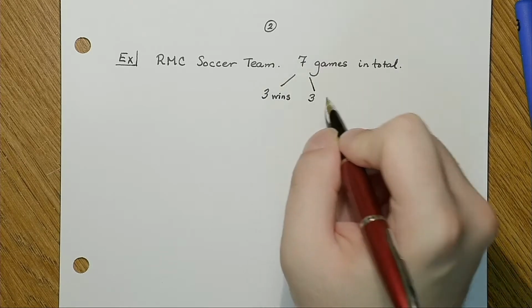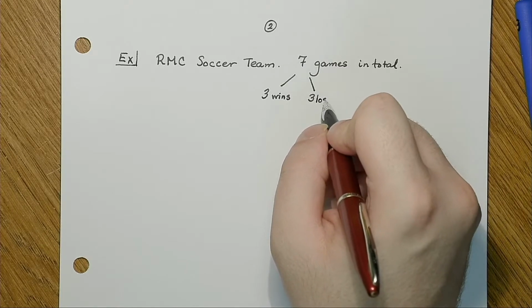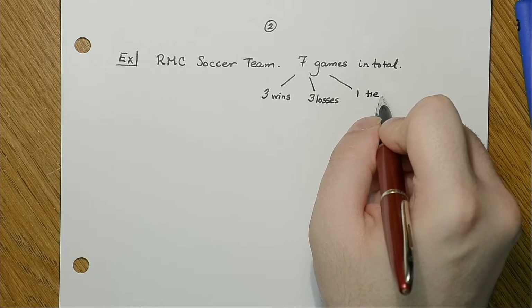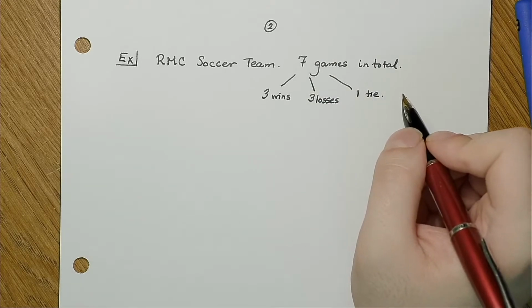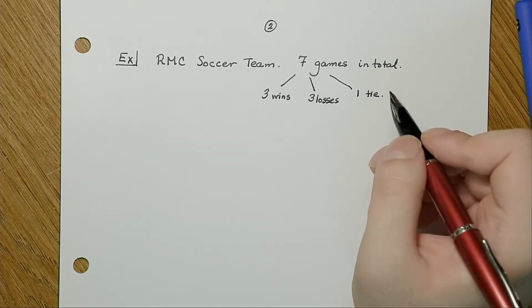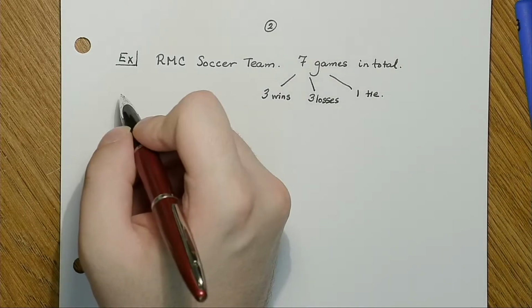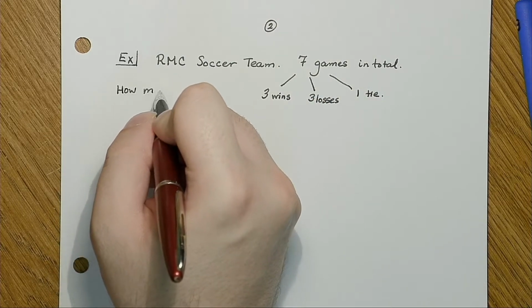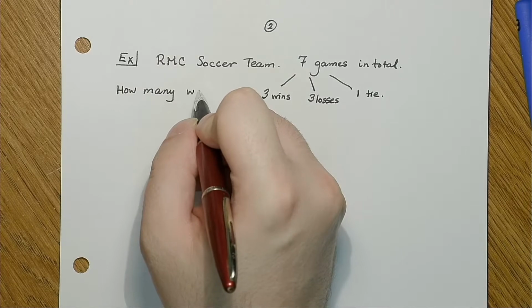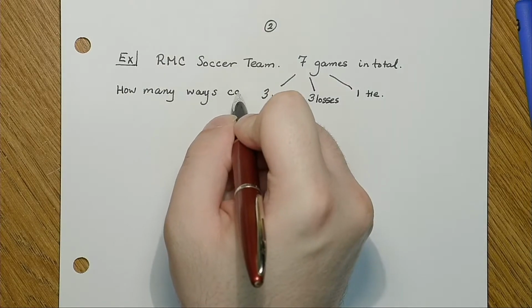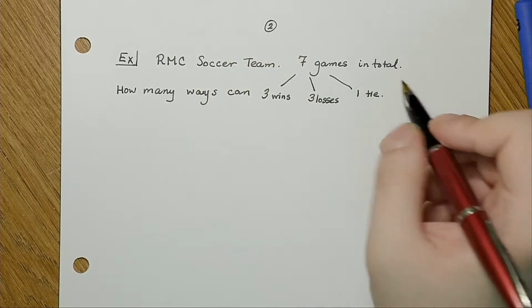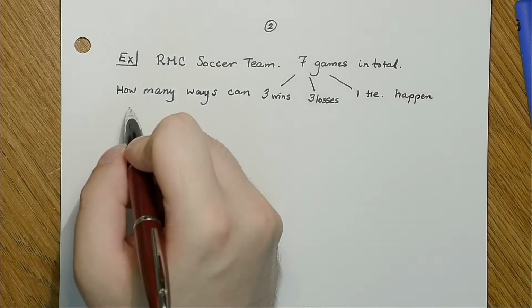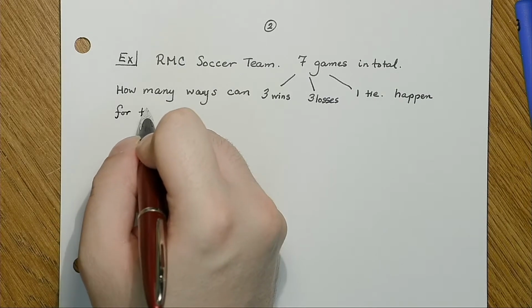They'll have 3 losses. And let's say 1 tie. So the question would be, how many ways can 3 wins, 3 losses, 1 tie happen for the 7 games.